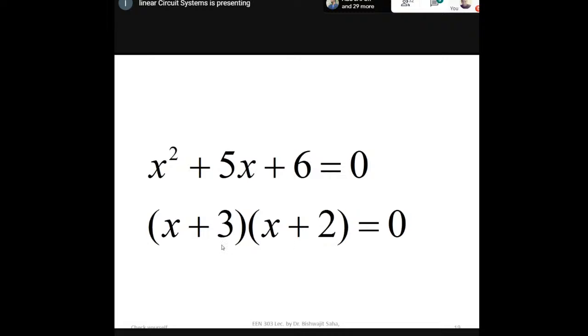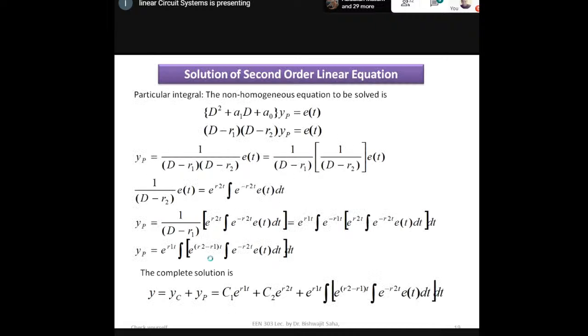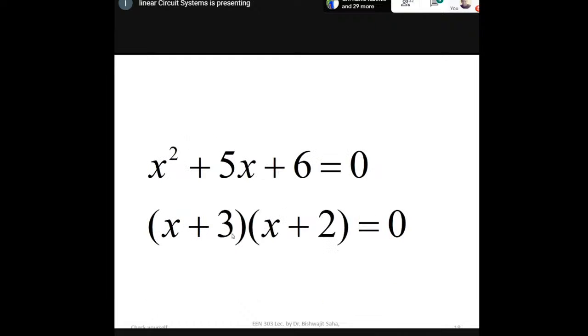Your question is why there is a minus sign. x plus 3 equals 0, x equals minus 3. x plus 2 equals 0, x equals minus 2.